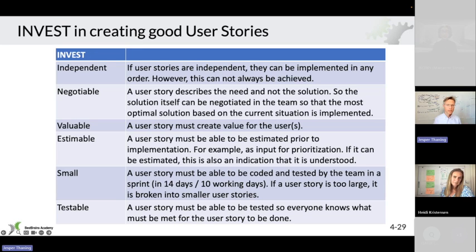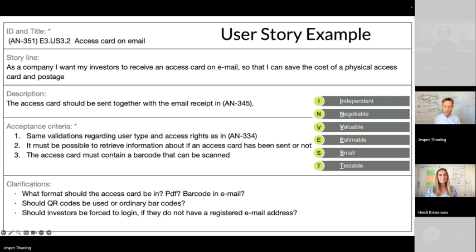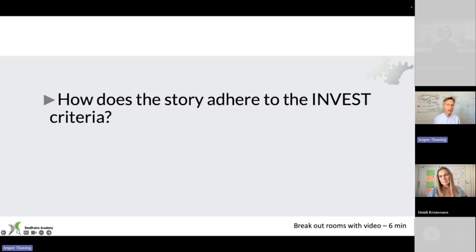And if we can test it and the team understands how we can test this story, then we also have a good story. How does this user story fulfill the INVEST criteria? We will ask you to do that in a small breakout here, taking this user story and the INVEST criteria that I've just described, and see how this story adheres to the INVEST criteria.